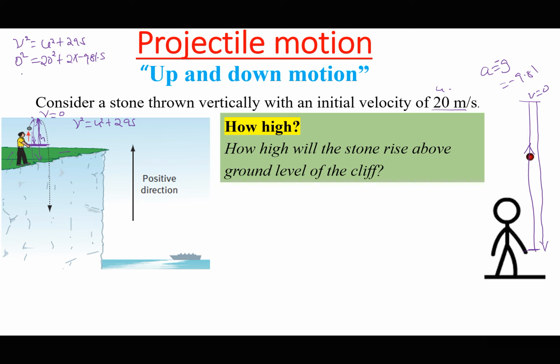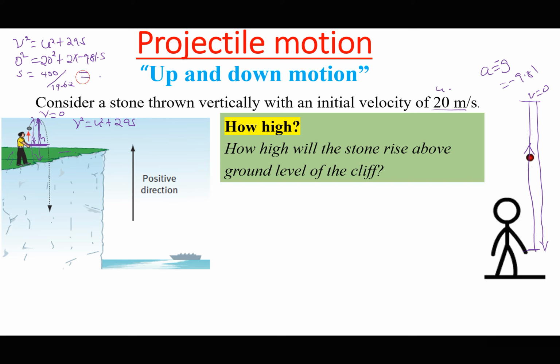So this means s is going to be equal to 20 squared, which is 400, divided by, because I collect like terms, this plus 2 times negative 9.81 times s becomes minus 2 times 9.81 s. So making s the subject, 2 times 9.81 is the same as 19.62.